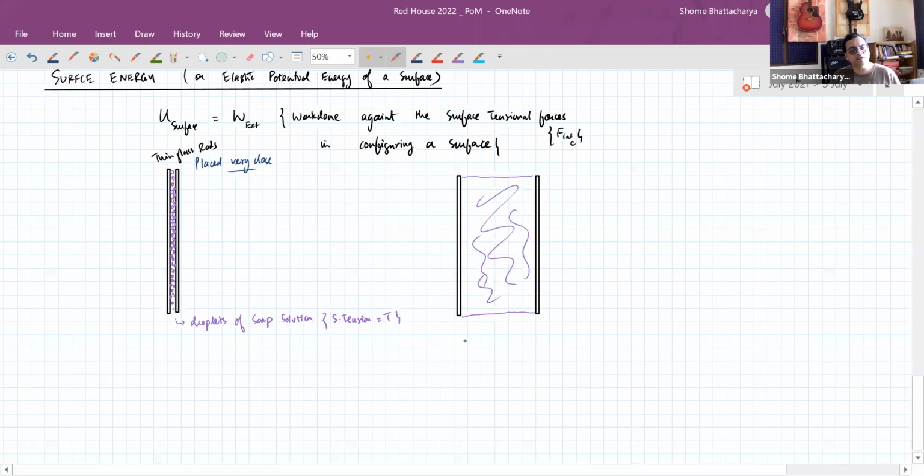Suppose this rod is kept at rest, but this rod is very slowly moved by the action of an external force, so as to displace it through a distance s. This external force will be doing work against the internal conservative surface tensional force which is acting.